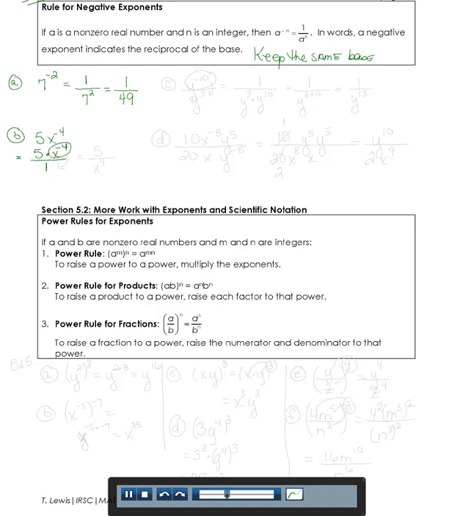So this x to the negative 4 is going to go to the denominator. Your 5 is going to stay where it belongs. Any factor that has a base raised to a positive exponent, you keep it. You don't change it, meaning you don't take the reciprocal of it. Another example: we have here our answer, 5 over x to the positive 4 power.